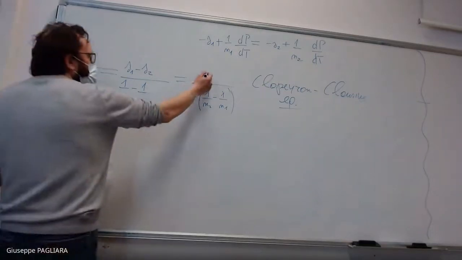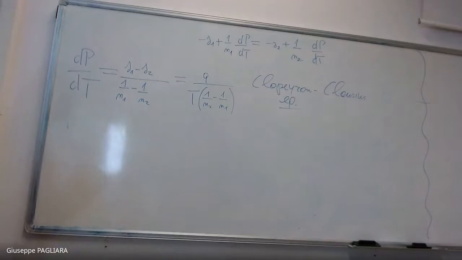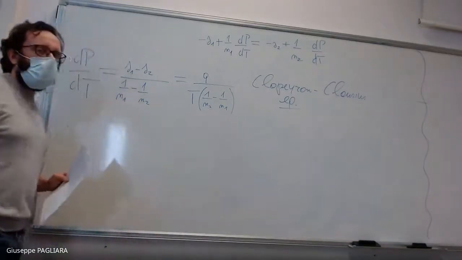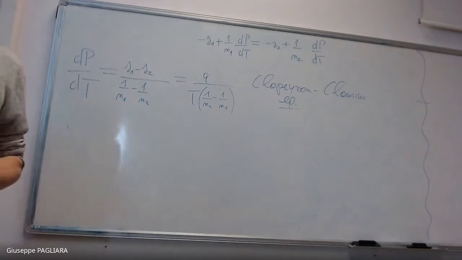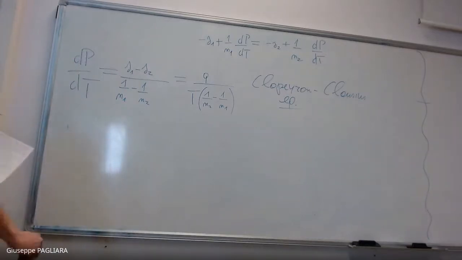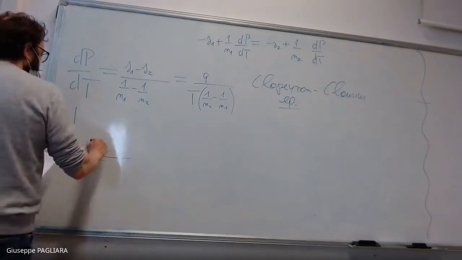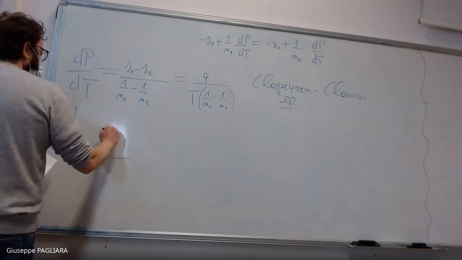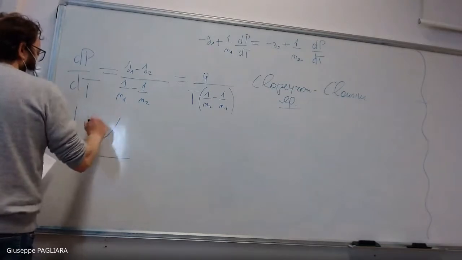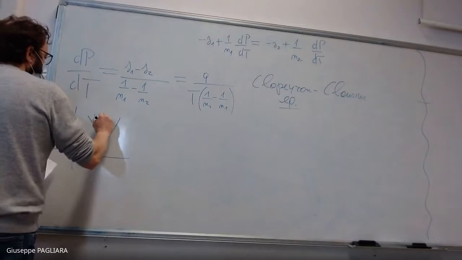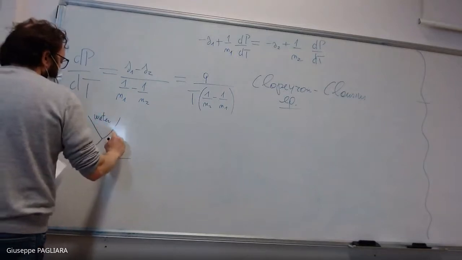Now this Q is positive, this latent heat is positive, the temperature is positive. This difference could be positive or negative depending on the kind of matter we are talking about and depending on the phases. For instance, let us consider the case of water. So here we have liquid water and here we have vapor.